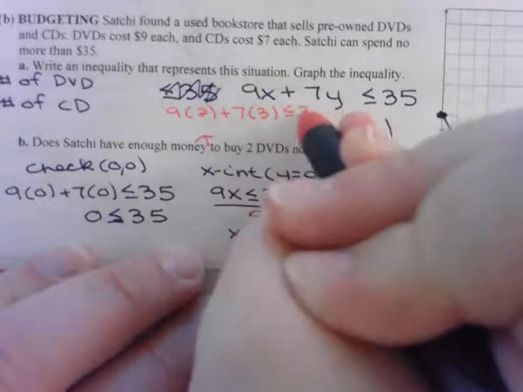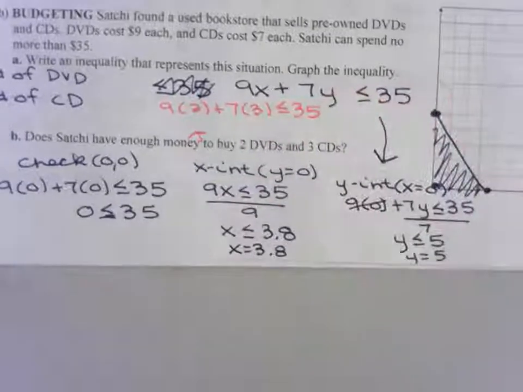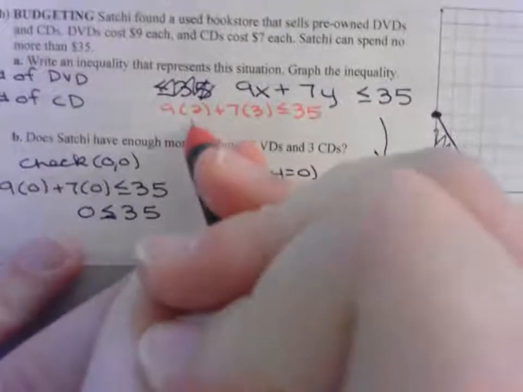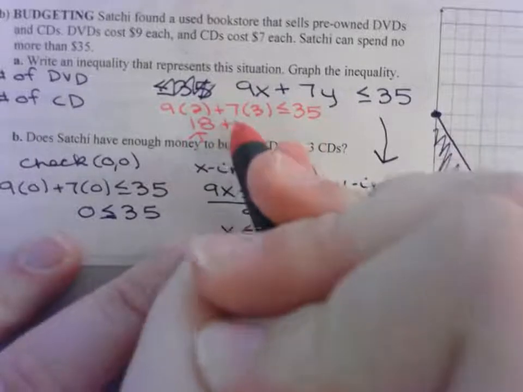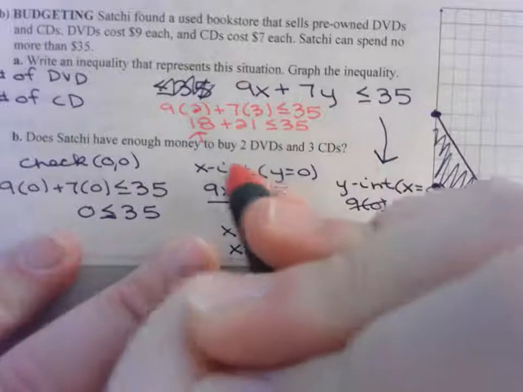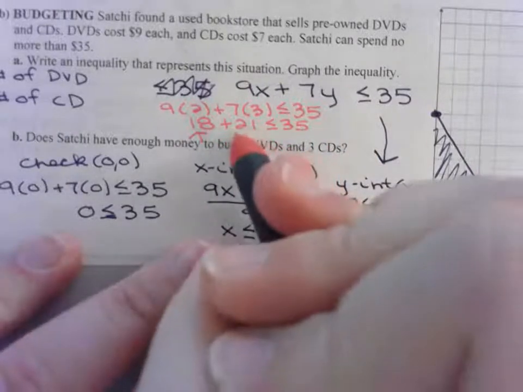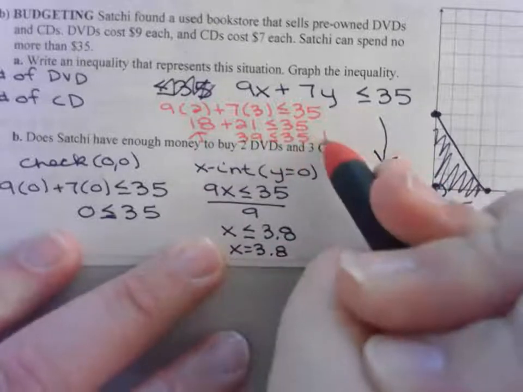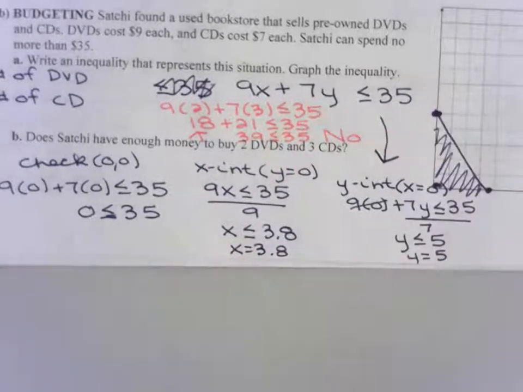And I want to know, is that total less than or equal to 35? Can he buy it? If it's more, then he doesn't have enough money. 9 times 2 is 18. 7 times 3 is 21. 18 plus 21 is 39. Is 39 less than or equal to 35? No. He went over his budget, so he does not have enough money to buy those things.